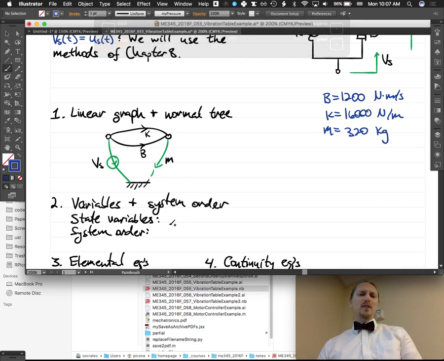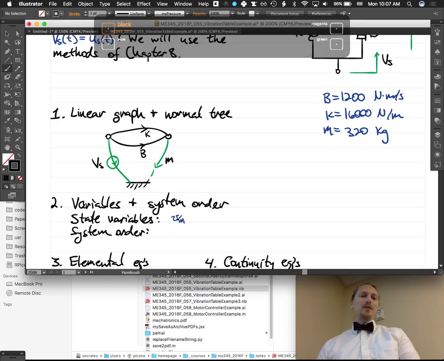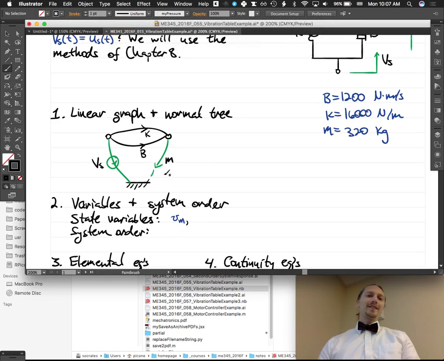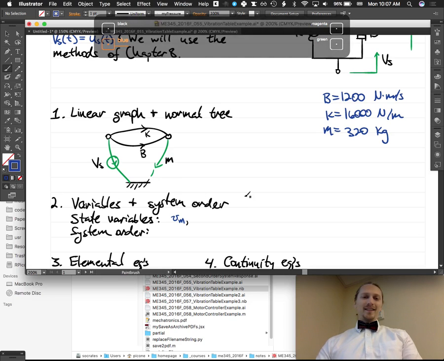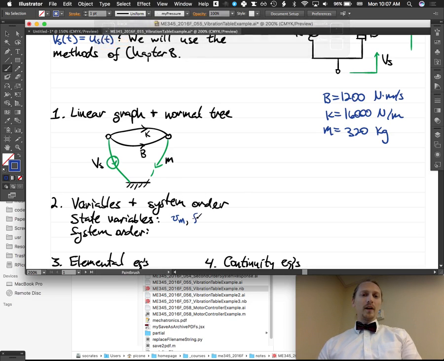What are our state variables going to be? VM, because the across variables of A-type energy storage elements are in the normal tree. And T-types, that is the spring: through variables of T-types not in the normal tree. So the force through the spring, which is a T-type, not in the normal tree.